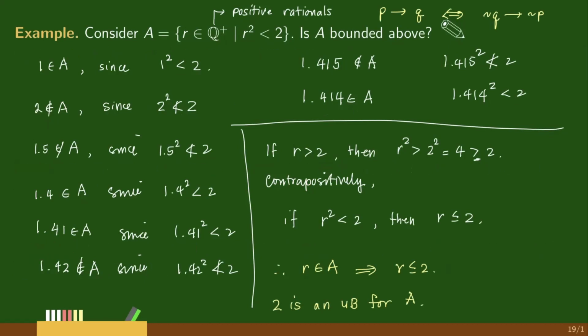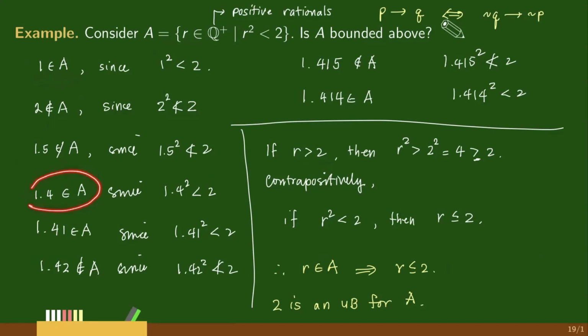Pag kumaliwa ka sa kaliwa ng 2, si 1 nasa A, it's not an upper bound anymore, kasi may mas malaking element si A sa 1, which is 1.4.